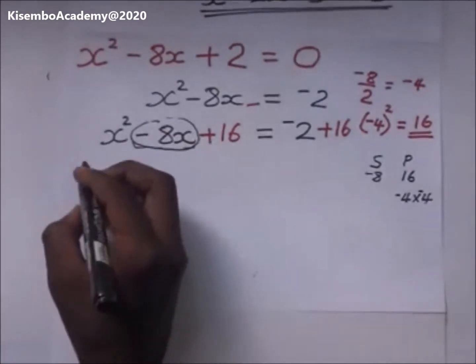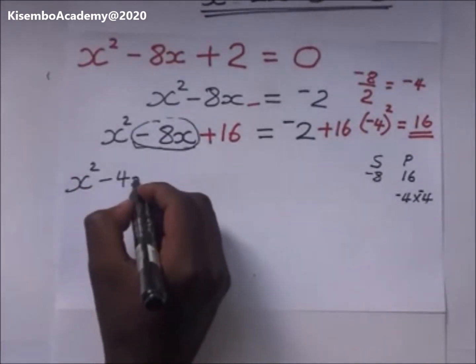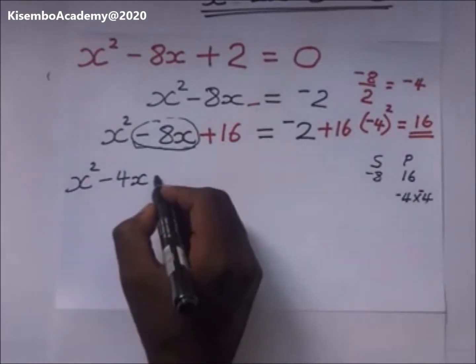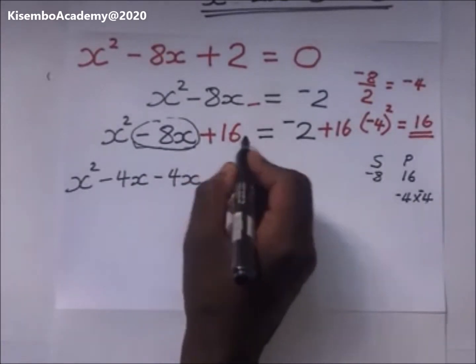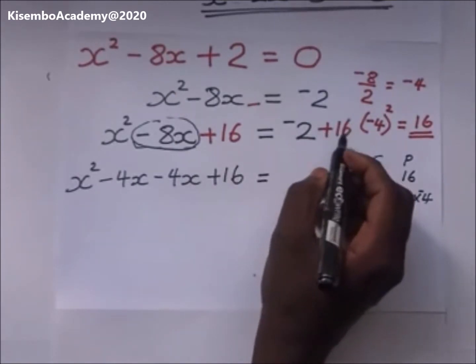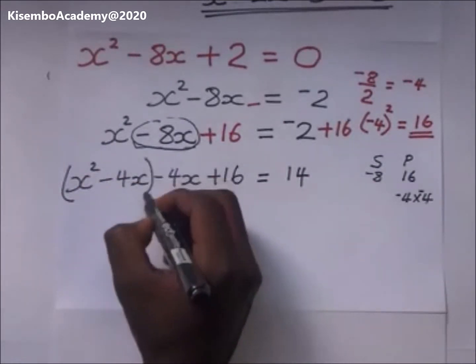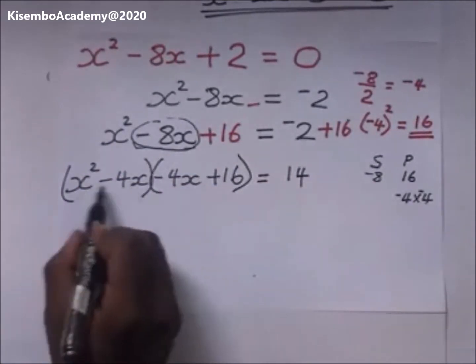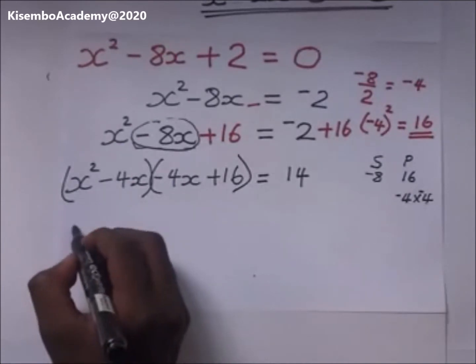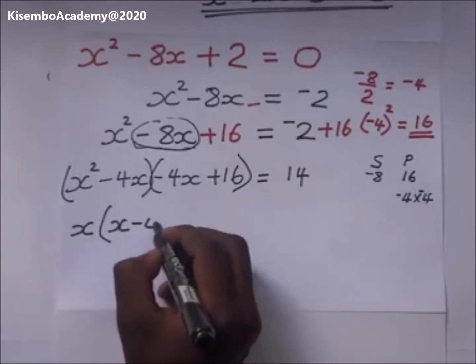So our next step is going to be x squared minus 4x, minus 4x plus 16, is going to give us negative 2 plus 16, which is 14. When we introduce brackets, the common factor here is going to be x into x minus 4.